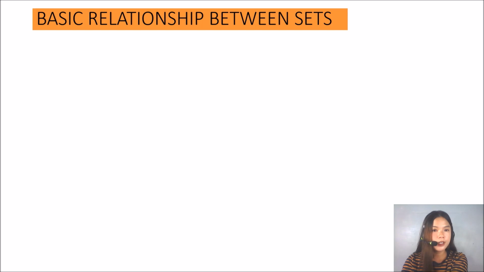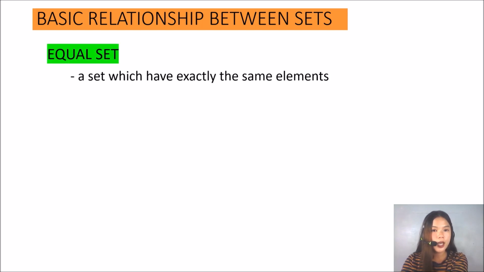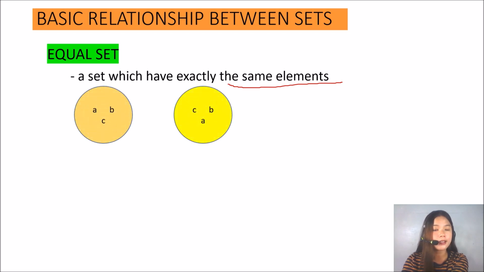So, our first relationship here is equal set. A set which have exactly the same elements. So, parehas po daw ang element ng given sets natin. For example, we have two sets. So, sa two set po natin, ibig sabihin, parehas daw po yung elements sa loob nila.